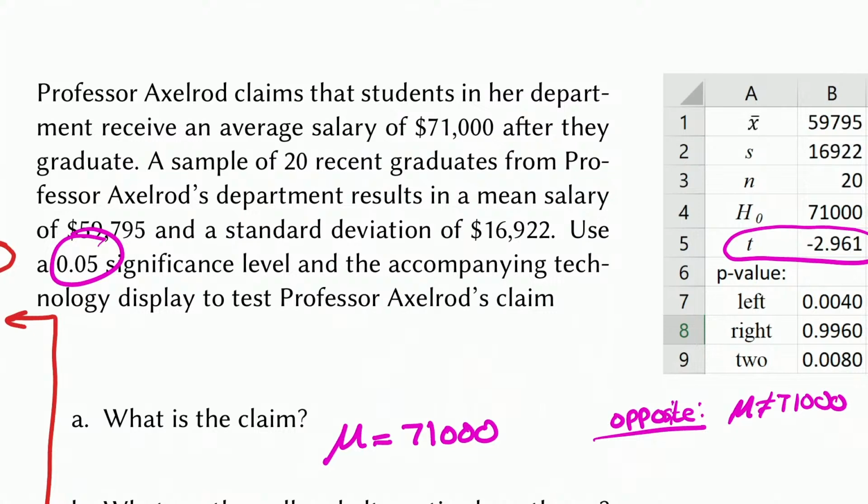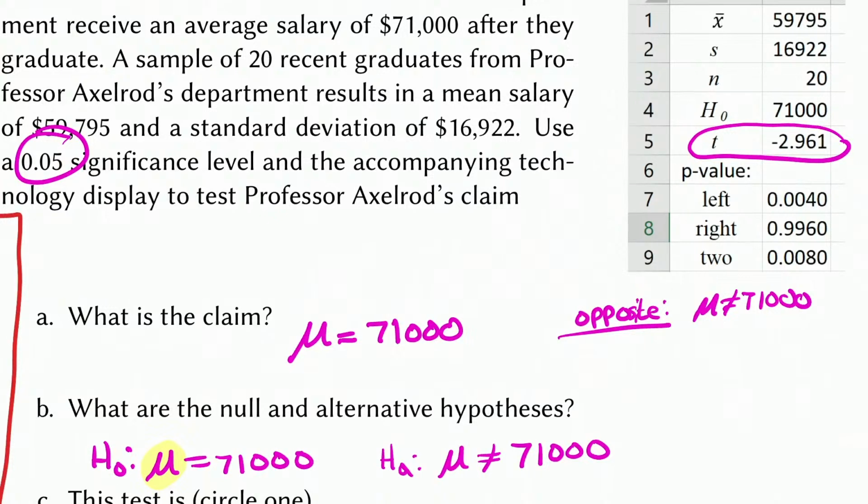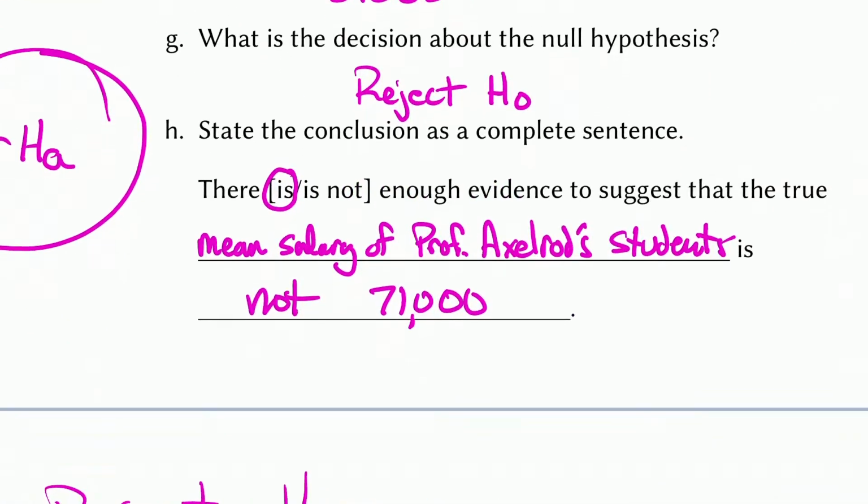Now, clearly it's less than 71,000, but we're basing this all on the stem of the problem and what we're actually working on. And of course, if you're a true scientist, you're going to set up this stuff ahead of collecting data. Well, you might have a hint. You might be like, I know some of these people, and I think it's less than. But nowhere up there does it say that we're checking if it's less than. It just says, test Professor Axelrod's claim. So that's the correct way of saying it.